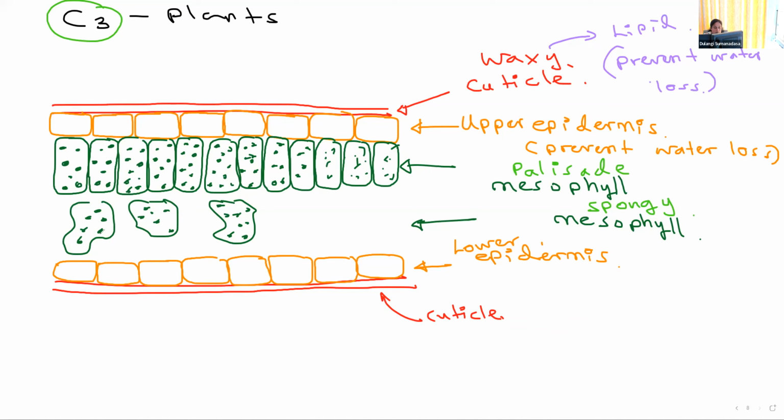Is this clear? So C3 plants will contain chloroplasts in the palisade and spongy mesophyll layers, right?